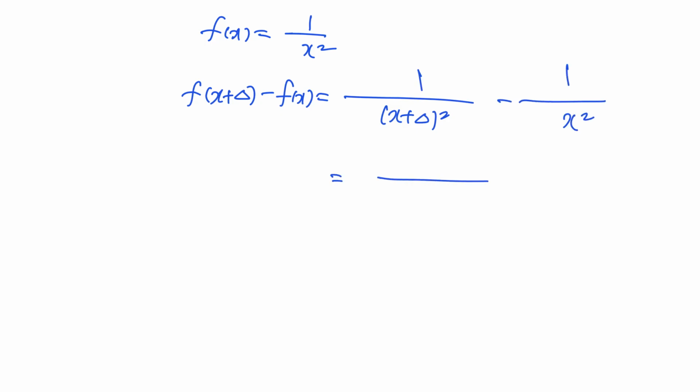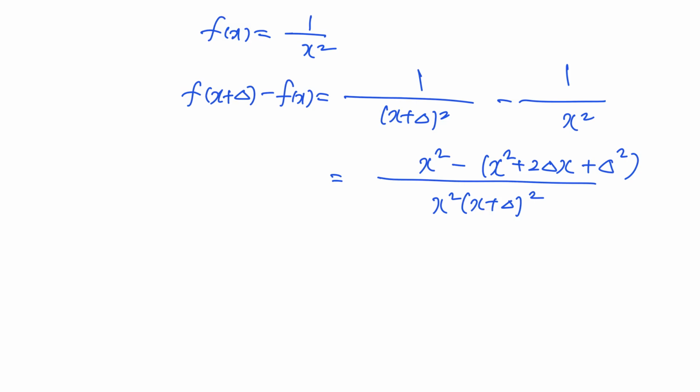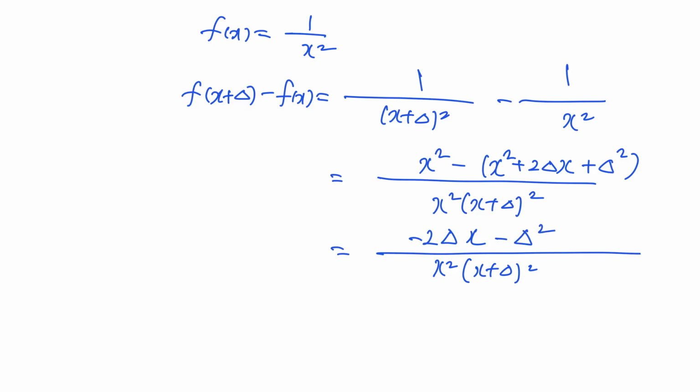So this is x squared minus (x plus delta) squared over x squared times (x plus delta) squared, x squared minus x squared plus 2 delta x plus delta squared, with denominator x squared times (x plus delta) squared, so minus 2 delta x minus delta squared.